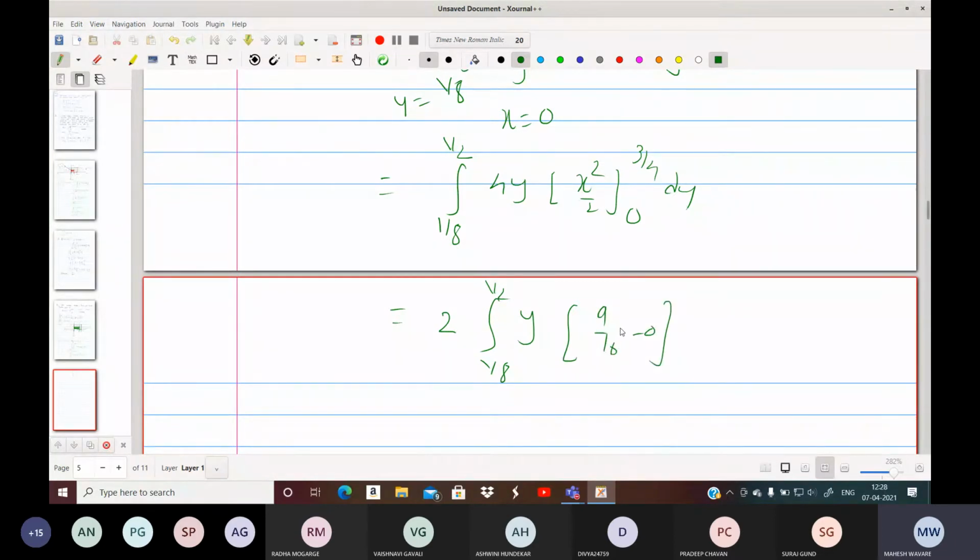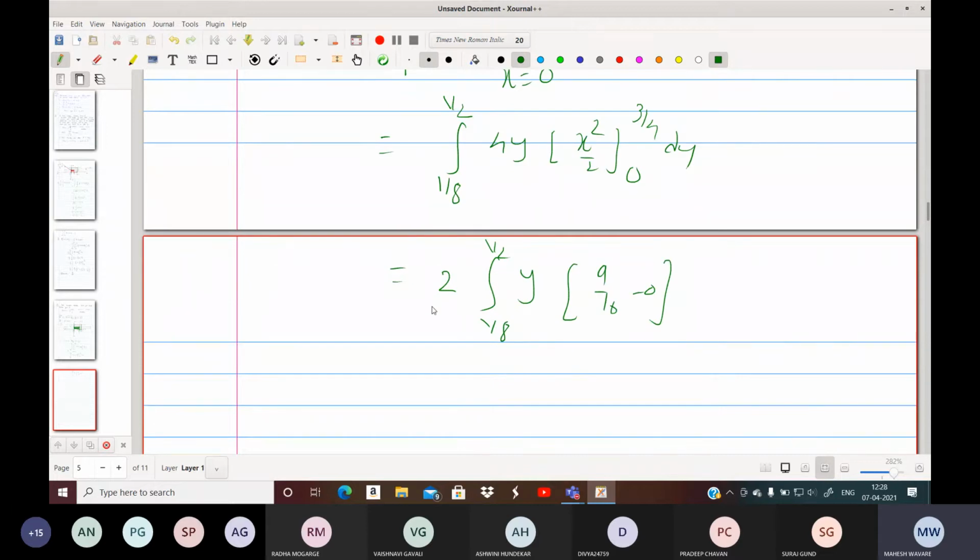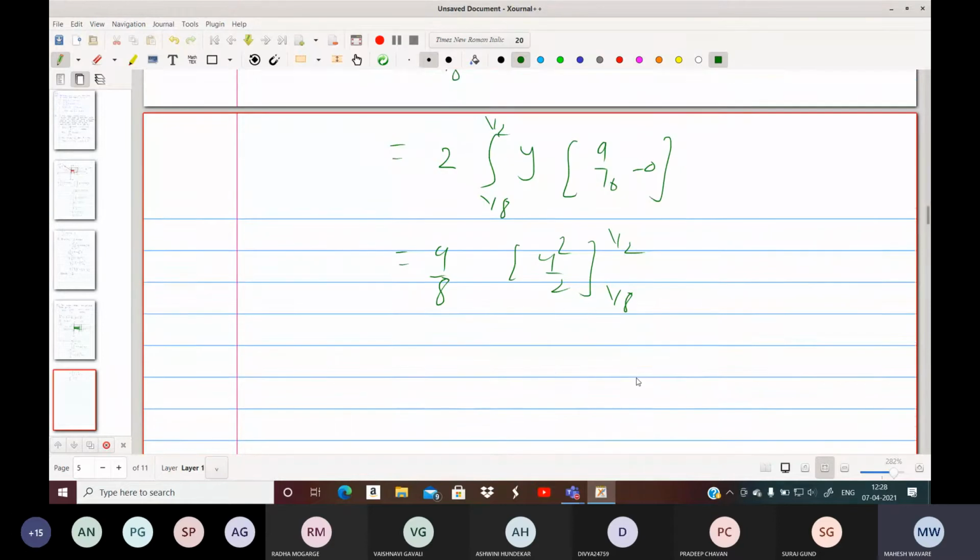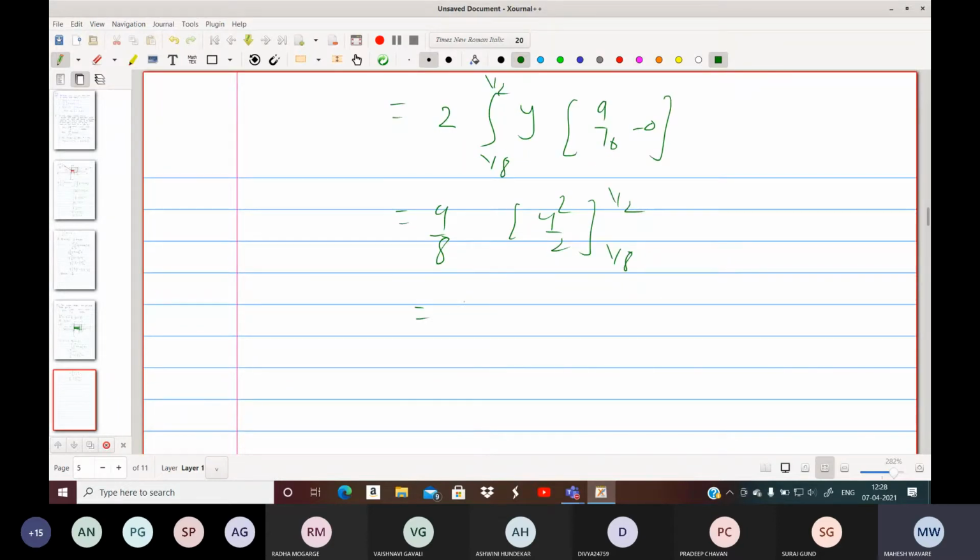So 9 upon 8 we can write, 9 upon 8 is common. Integration of y is y square upon 2, from 1 upon 8 to 1 upon 2. So it becomes 9 by 16, y square means 1 by 4, and y square means 1 upon 64.